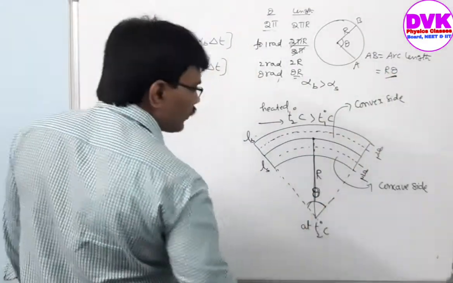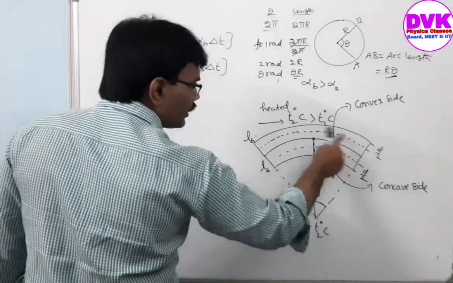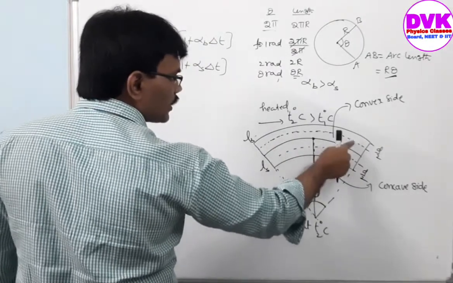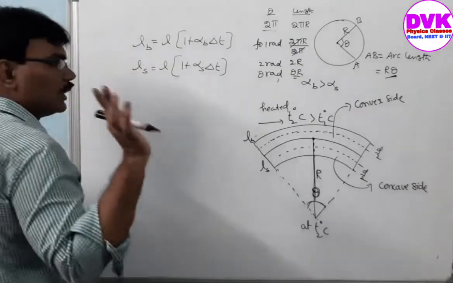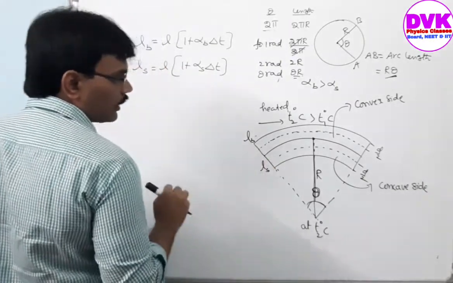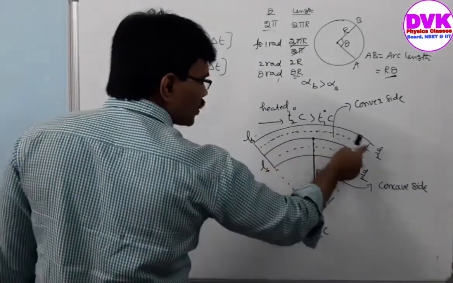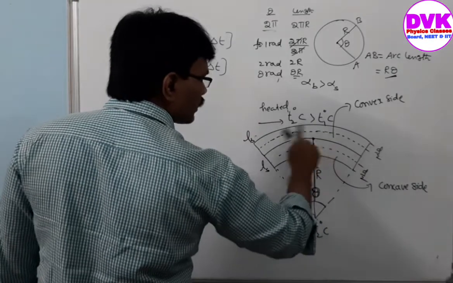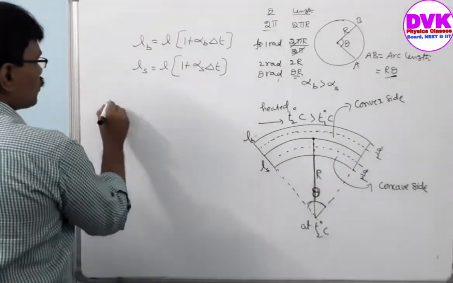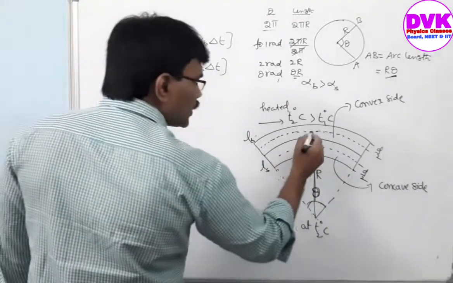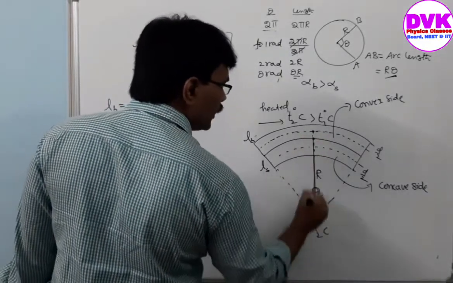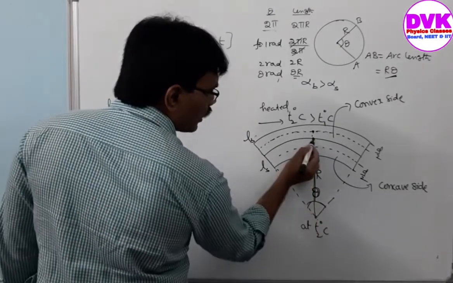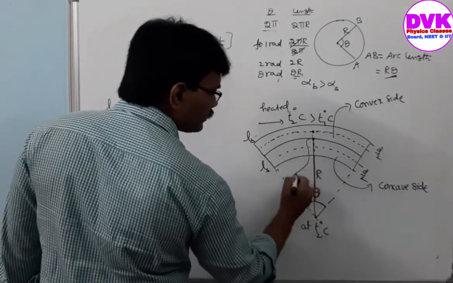So now for LB, the arc length of brass after heating, the final length of brass equals the initial length into 1 plus alpha delta T according to the thermal expansion relation. But the final length is nothing but this arc length. The radius of brass is from the center to the middle of the brass.